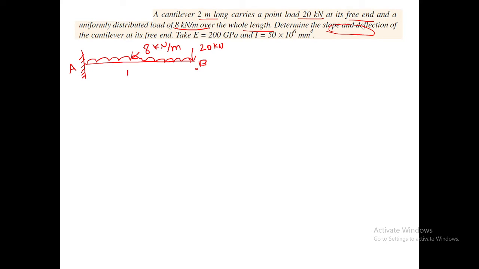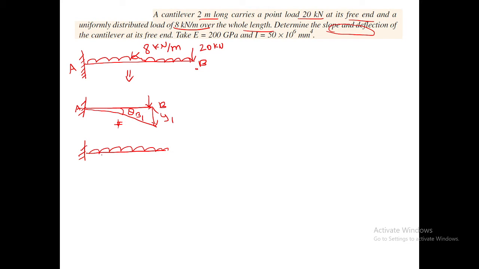So first, the problem splits into two. One is the point load, another one is the uniformly distributed load. The slope for the first is theta B1 and the deflection is Y1.